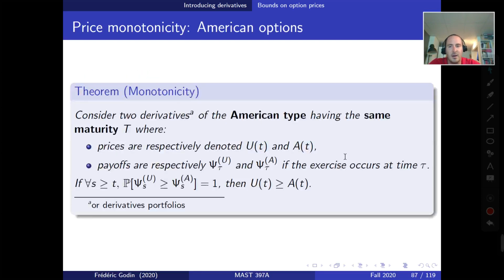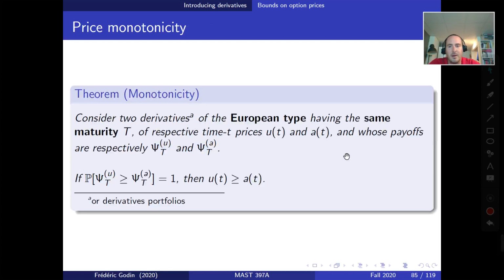So let's say, here, maybe let's write a bit. This result says that if psi u is greater or equal to psi a, then it means that u must be greater or equal to a.